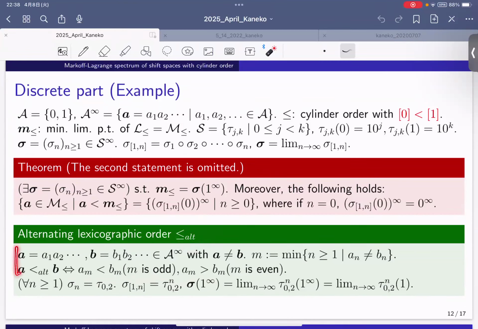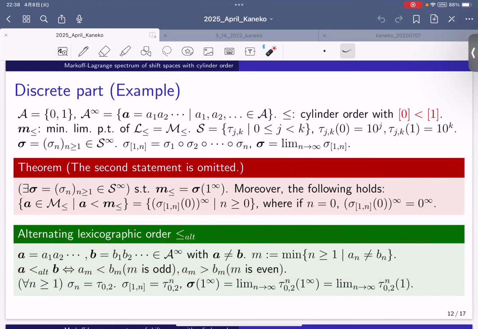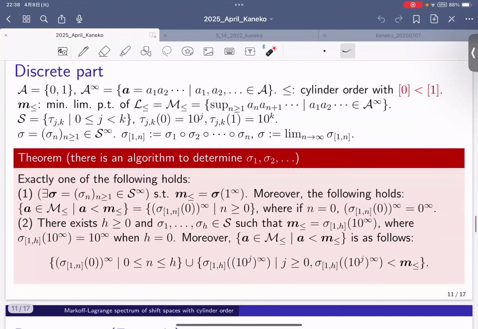This is the definition of the alternating lexicographical order. We have an algorithm to determine sigma 1, sigma 2, and so on.